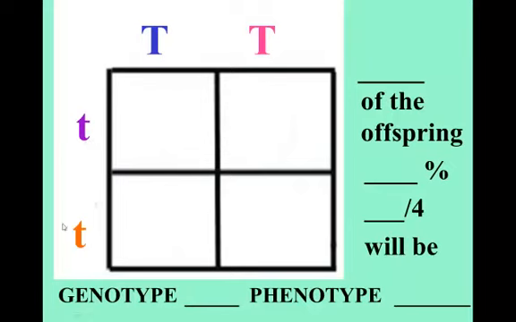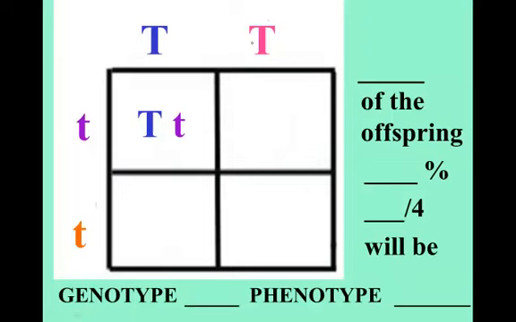Remember, those are the ones that separated when we did meiosis. Each egg cell got one copy of the gene choices. And now I can put them together to figure out my offspring. If I cross this parent with this parent, what are my possible offspring combinations? So all I have to do is put them together. If dad gives this gene choice and mom gives this gene choice, I'm going to get that combination in my offspring.